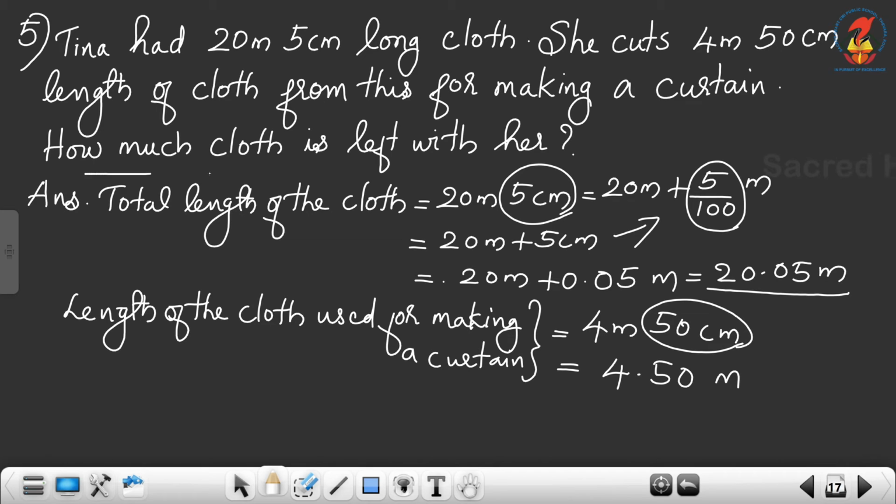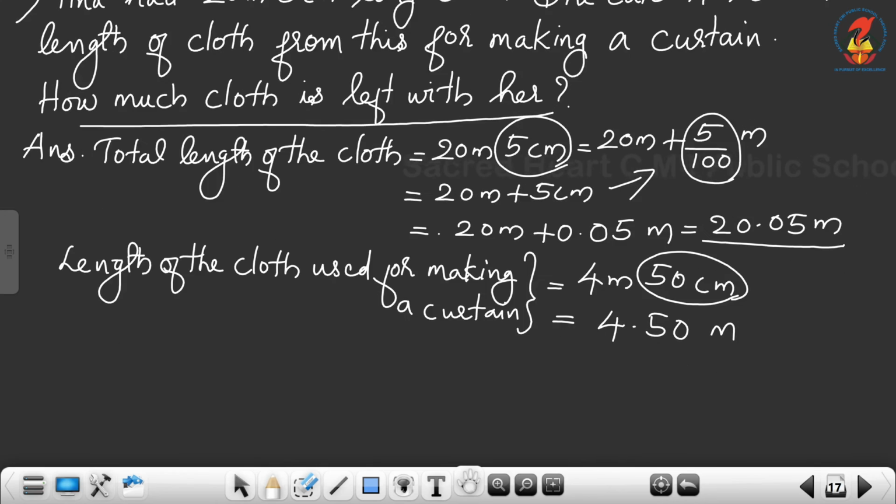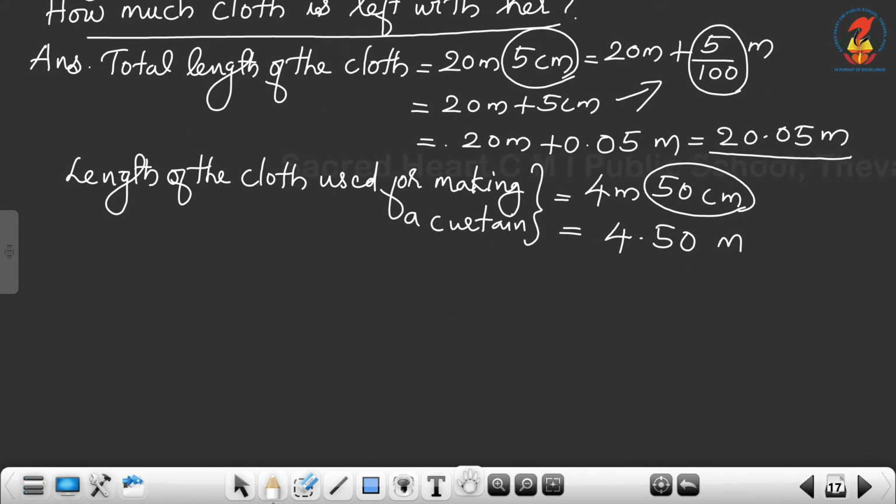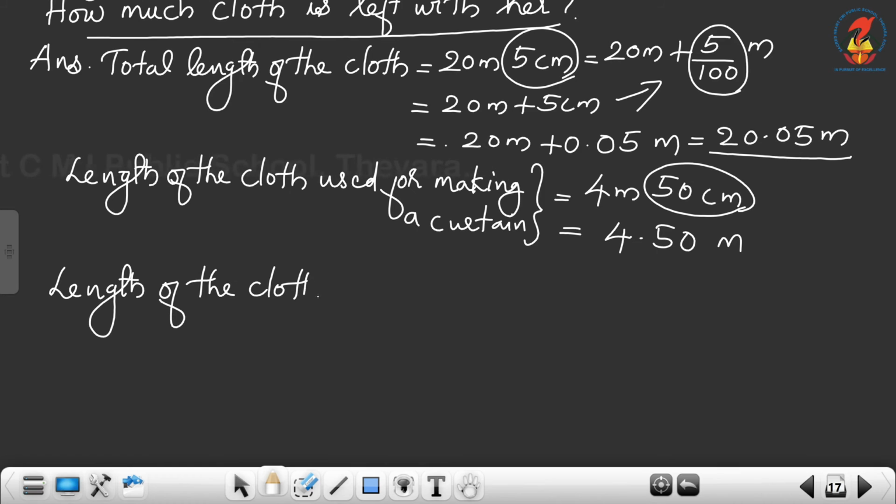Now we have to find out how much cloth is left with her. So you have to find out the length of the cloth left. Length of the cloth left equals, from the total length we have to subtract the length of the cloth used for making the curtain.